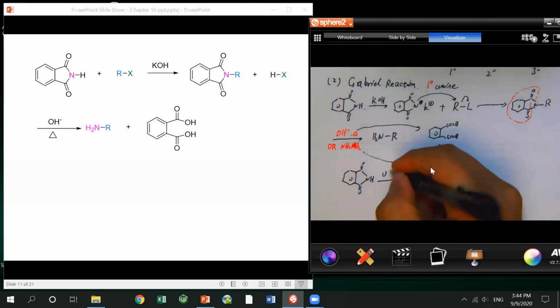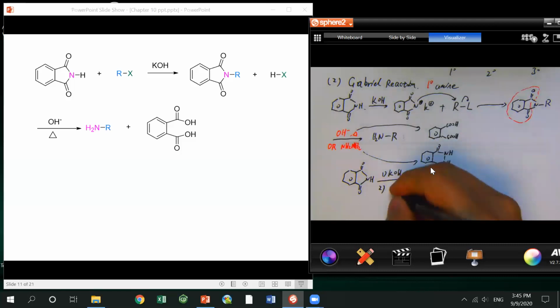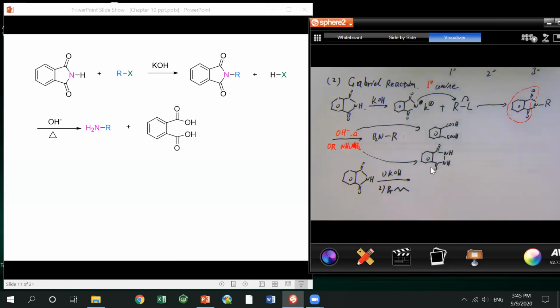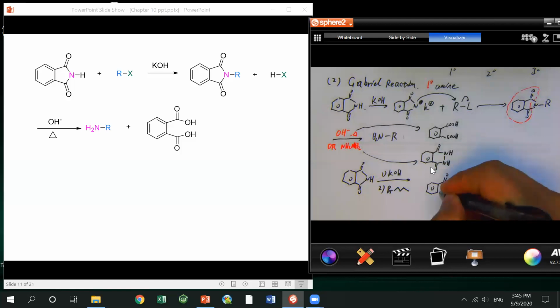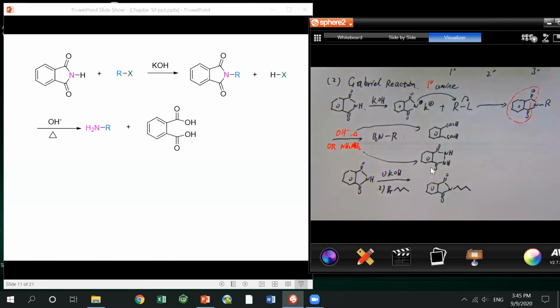This time I draw the two steps combined together. First, KOH, and second, butyl bromide. That's one way we show a two-step reaction together. After the reaction is done, you put the butyl group on the nitrogen, which protects the nitrogen.